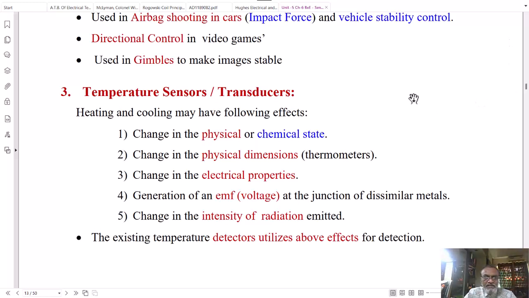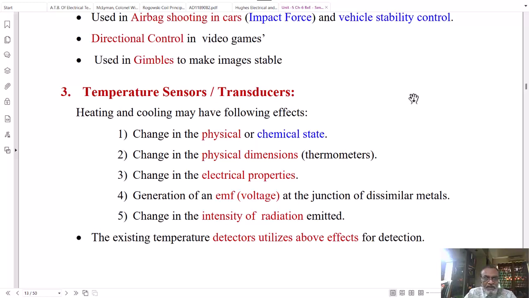The temperature sensors' principle of operation is based on the heating and cooling effect of temperature on various materials, most commonly the metals.